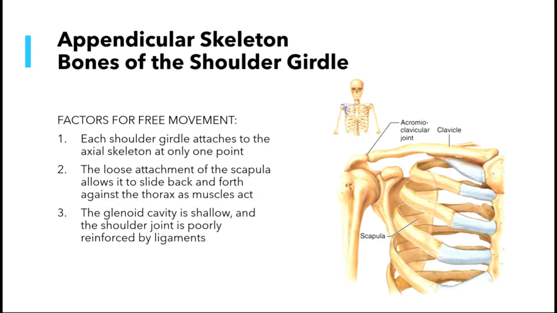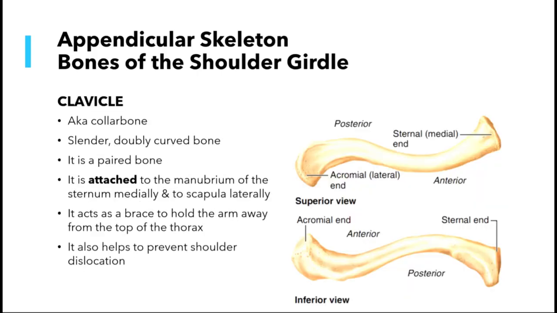So the drawback about your shoulder is that, yes, it is flexible, but it is easily dislocated, especially in children. Okay. Now, in your shoulder girdle, you have the bone clavicle.